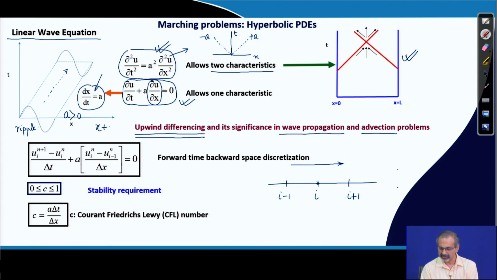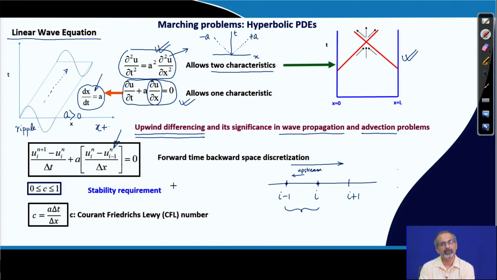If you are standing at this point, you have to look upstream, that means the direction from which the disturbance is propagating towards you, and pick a point suitably from that direction in order to approximate the derivative. This is basically the backward differencing that you learnt earlier. So, we backward difference the del u del x and represent it this way using a first order accurate representation.